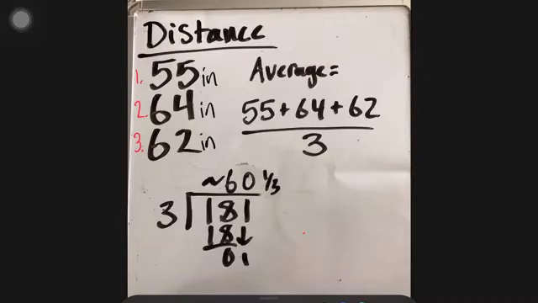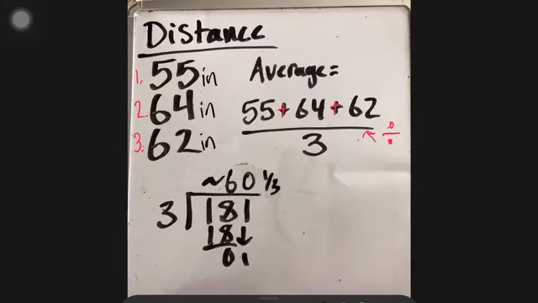Now what I'm gonna do is take what's called the average, and the average is sort of saying what number is in the middle of all 3. So to find the average, we add up all of the distances and then divide by the number of distances. Because there's 3 distances, we are dividing by 3.